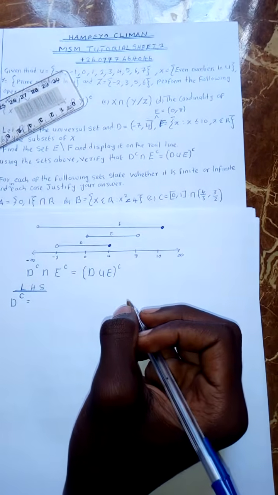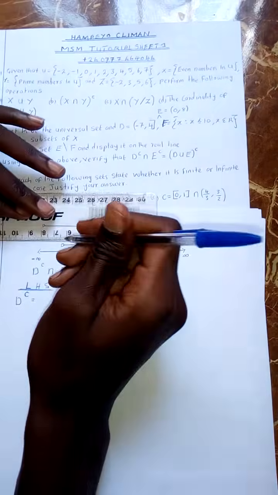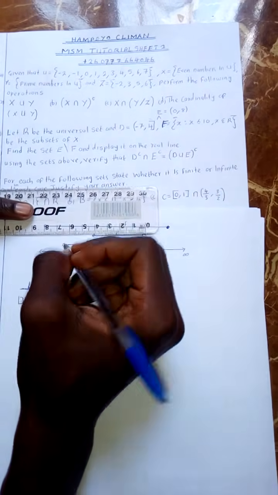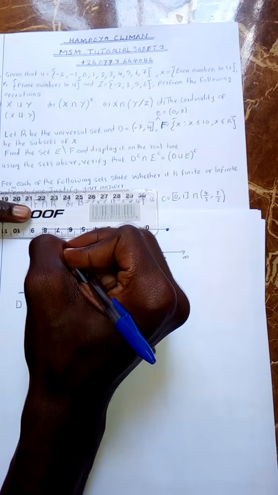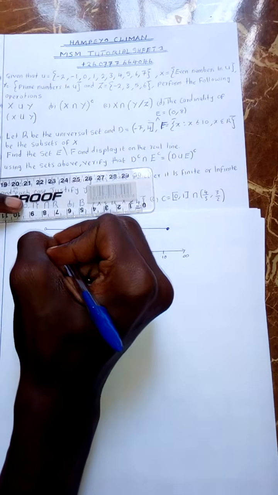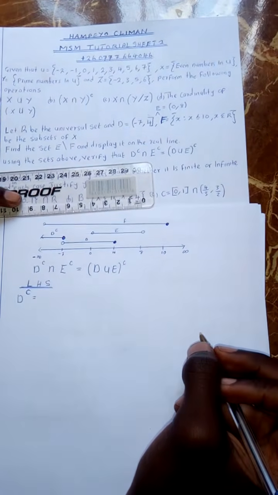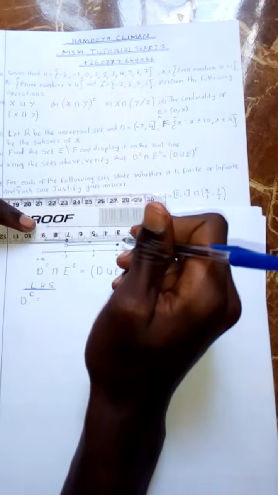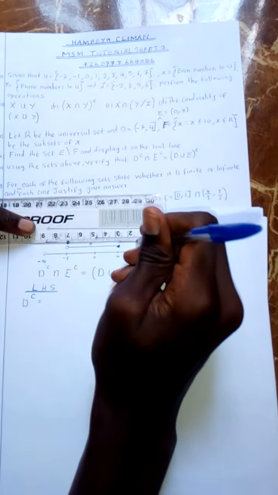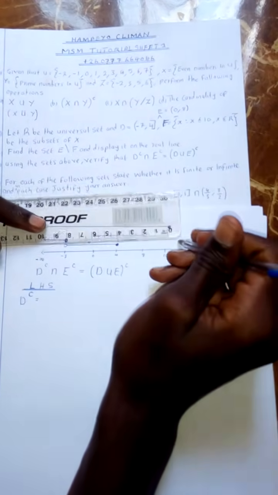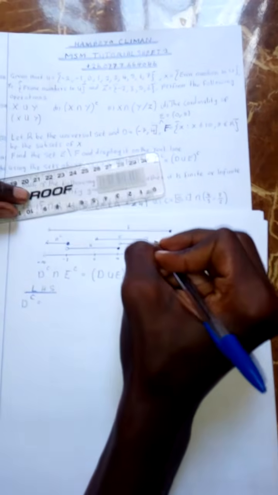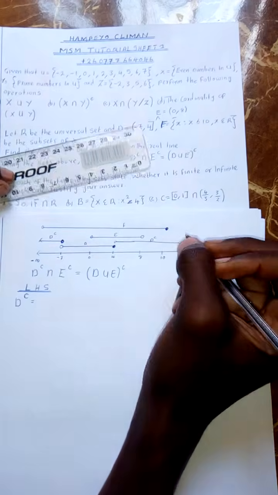Now D complement is simply, since here there is a closed circle, there is an open circle. This time around, I'll swap the circle and write it like this. Okay, so this is D complement like this. Then here there's a closed circle, so I'm going to open the circle like this and write this one. So I'll take it this side up to where there is infinity. So I'm going to write this one as my D complement.